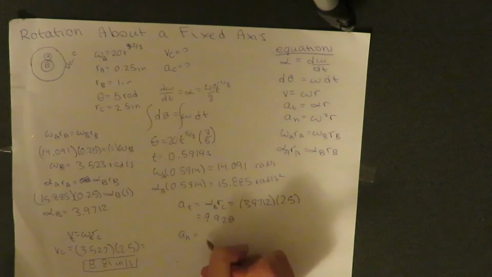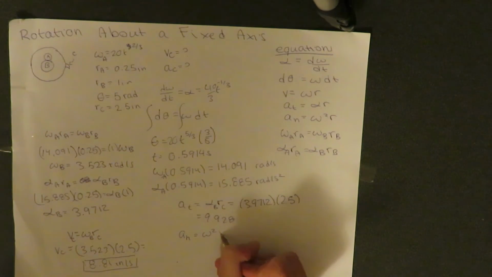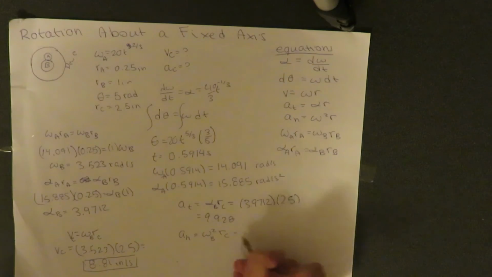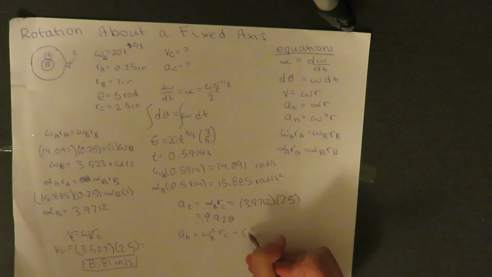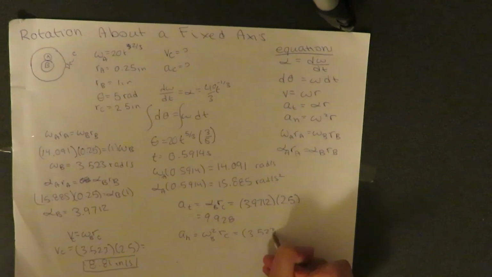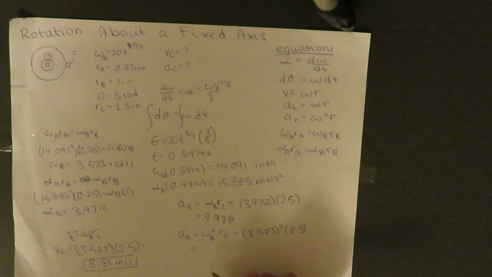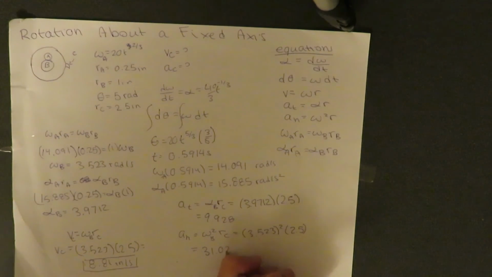Just as simply, normal acceleration is omega squared r. This is omega B and RC. This gives us 3.523 squared times 2.5. We have a normal acceleration of 31.025.